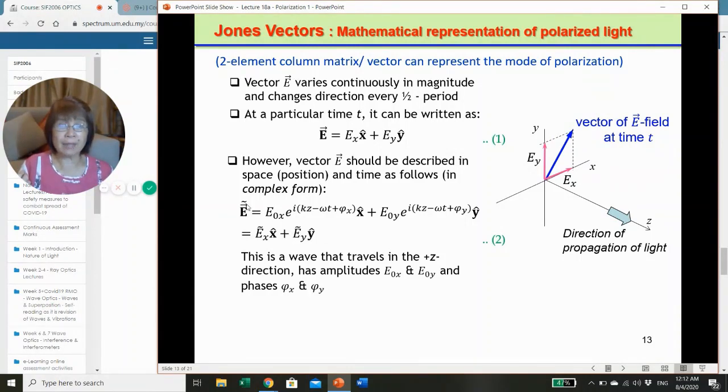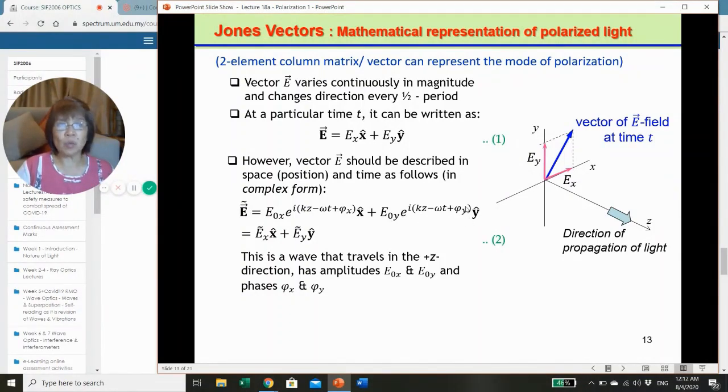So we will have the electric field vector in complex form, with a curly hat here to mean this complex form. And that would be represented by the x component, which is the amplitude E0x, exponential i(kz minus omega t plus the phase of that component).